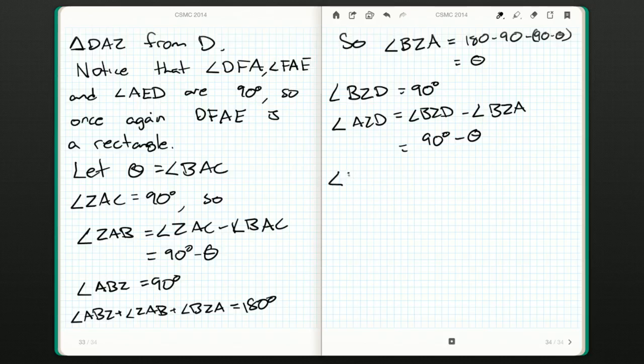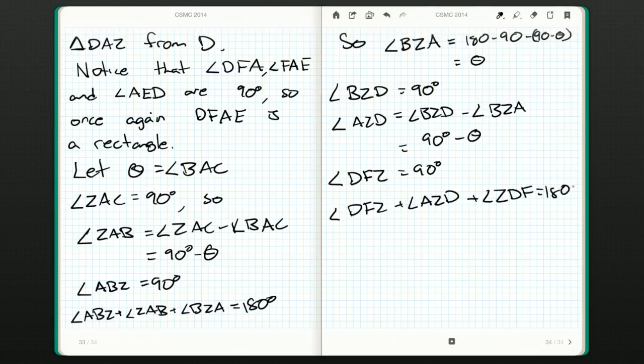Angle DFZ is 90 degrees. Angle DFZ plus angle AZD, which is the same as FZD if you take a look at the diagram, plus angle ZDF is 180 degrees.